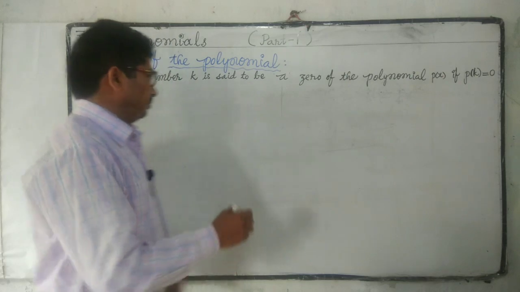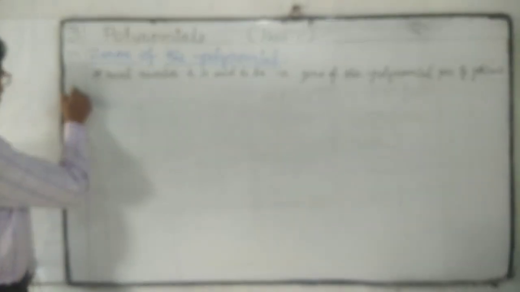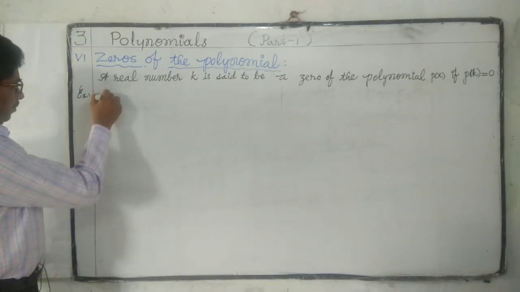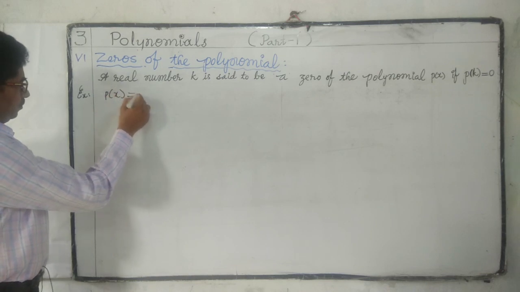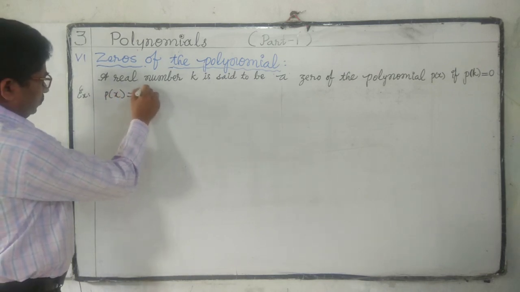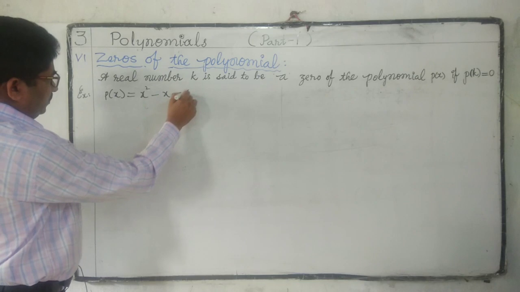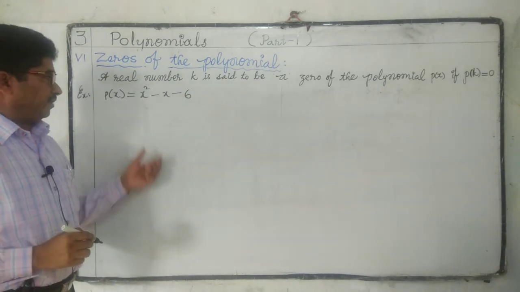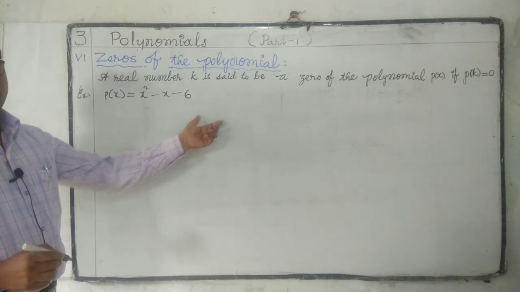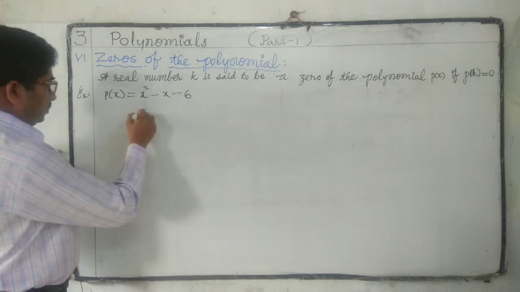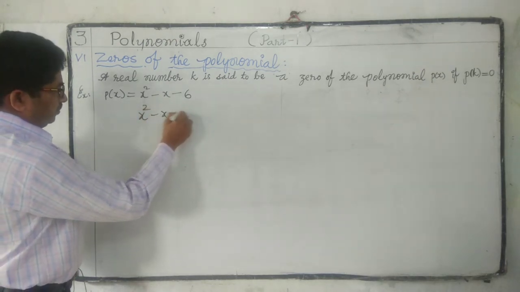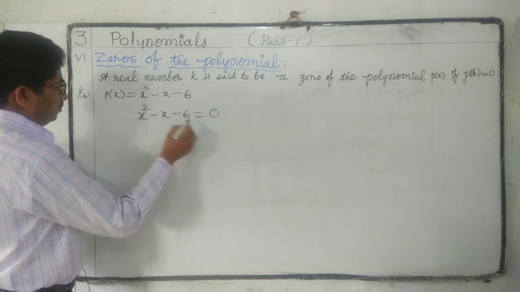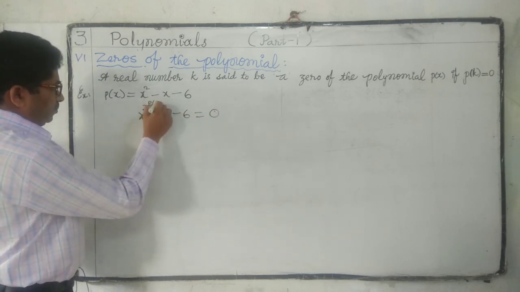One more example. P of x is equal to x square minus x minus 6. To find the zeros of the polynomial, we have to equate this polynomial to 0. So x square minus x minus 6 is equal to 0, that is p of x is equal to 0.